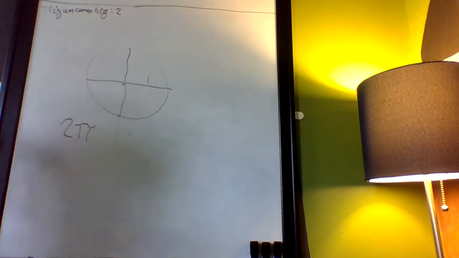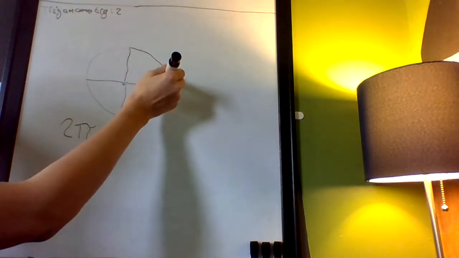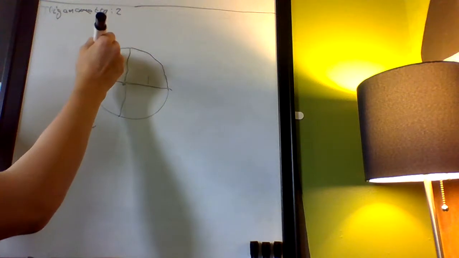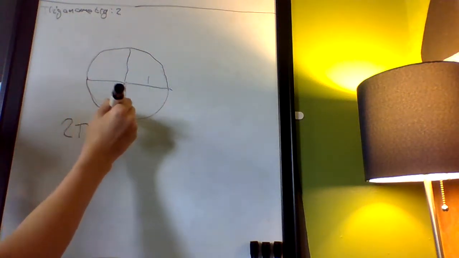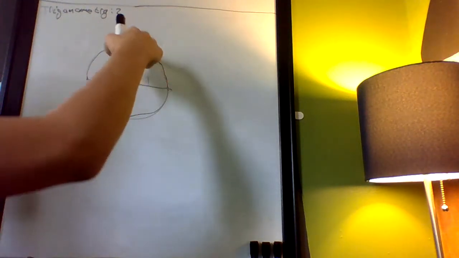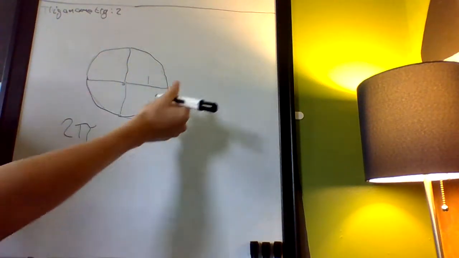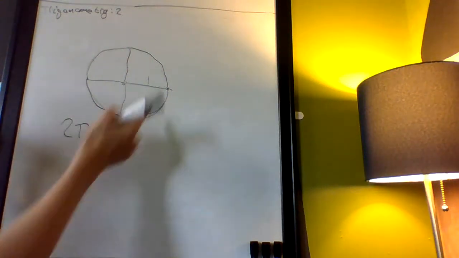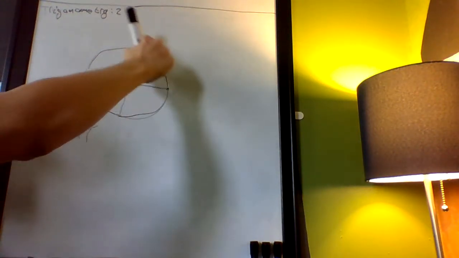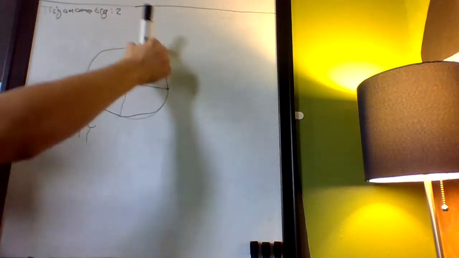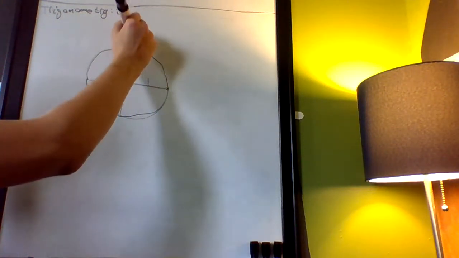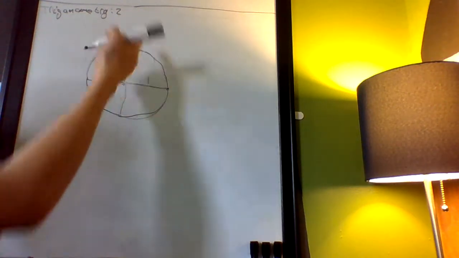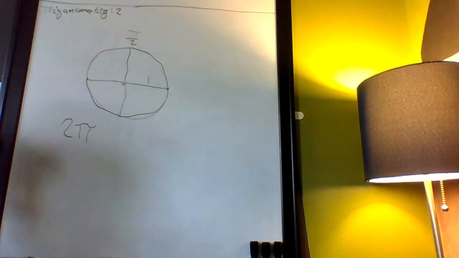Each of these are 1/4 of the circle, 1/4 of the circumference away. So this right here is 1/4 of the circumference away from this point along the circle. That little arc is going to be pi on 2, because 2 pi on 4 is the same thing as pi on 2.